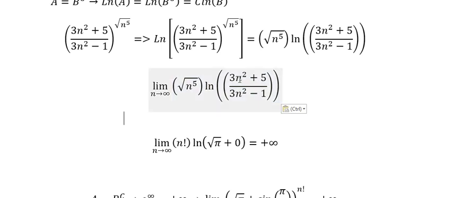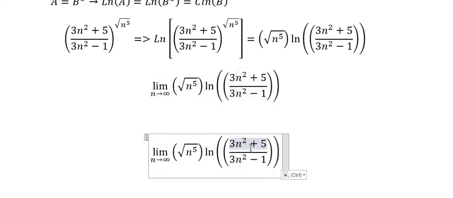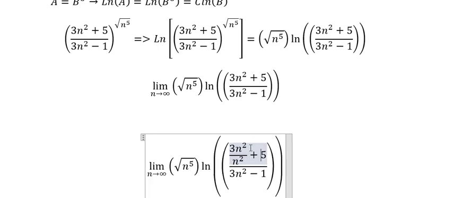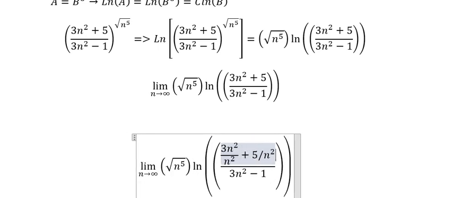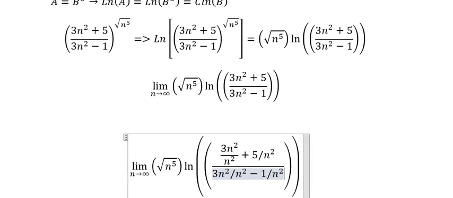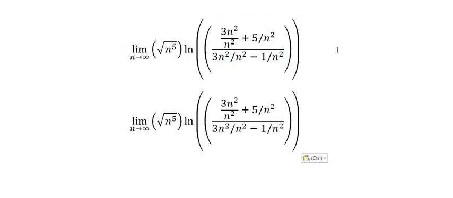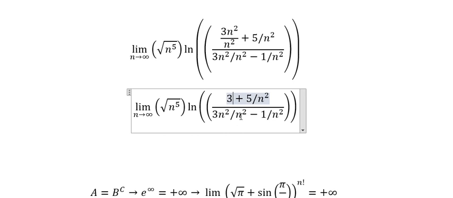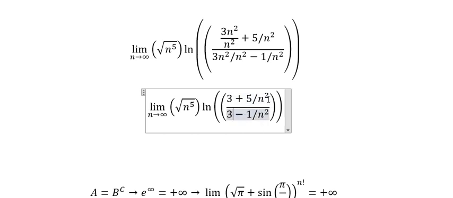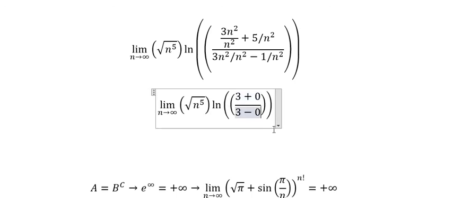So we divide both the numerator and denominator by n to the power of 2. So this one you got about 3, this one you got about 3, and as n goes to positive infinity, this one goes to 0, 0. 3 divided by 3, you got about 1.